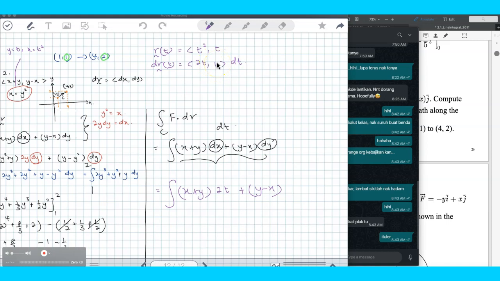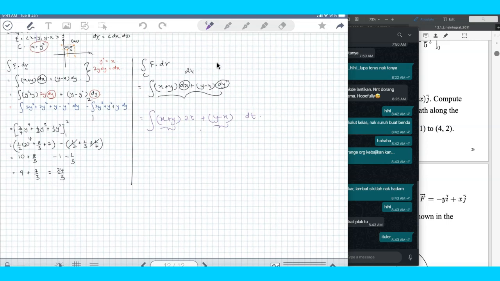So dy is 1, and then you have to put the dt. But then you have to convert x and y in terms of t using your parametric equation here. So I'm not going to complete that.